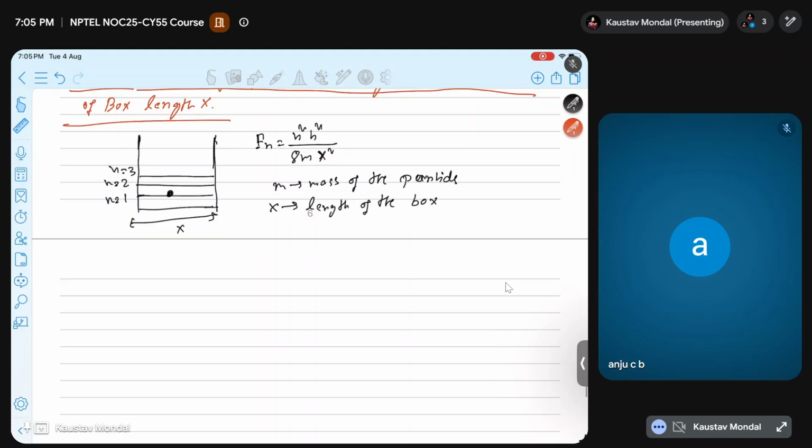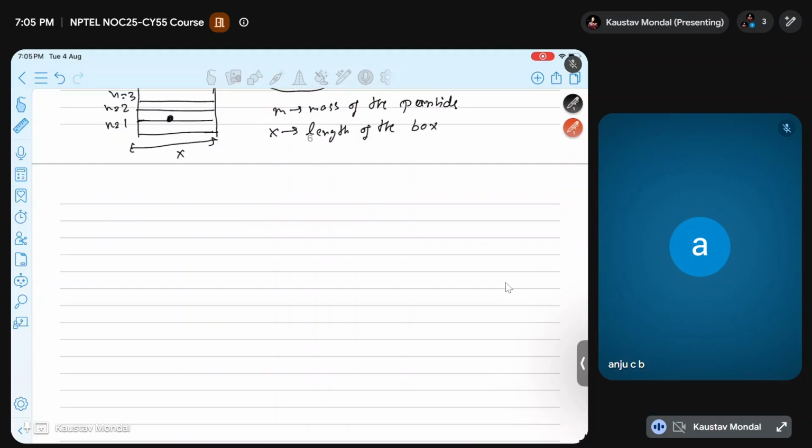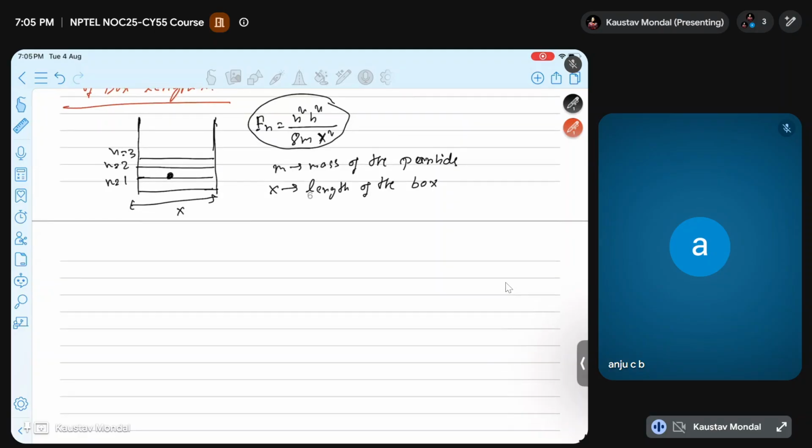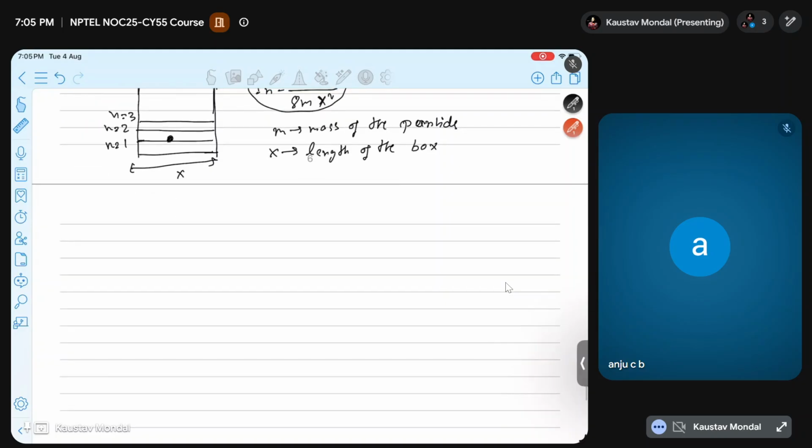So by knowing these two quantities, and by using the Schrodinger equation in quantum mechanics, we get this particular expression of energy, right? So as you can see, each energy level has this square multiple of h square by 8mx square.